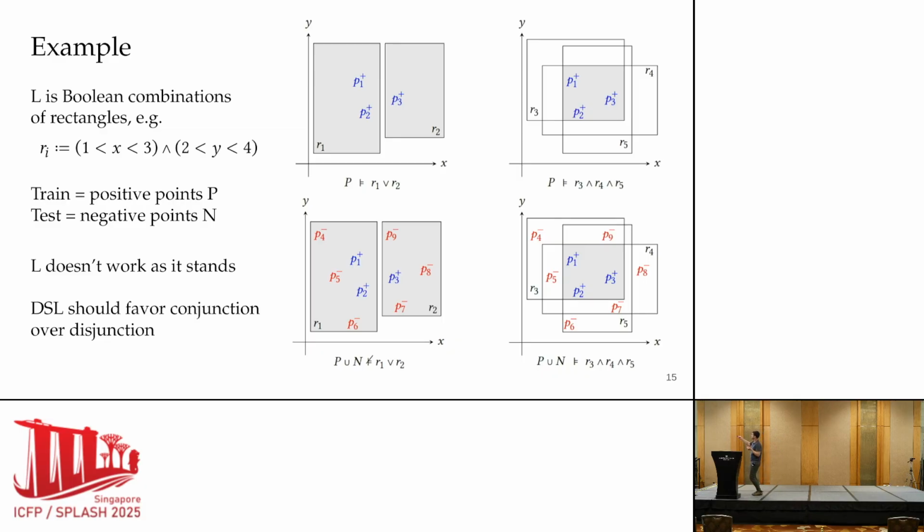And what you see here is that this language is not suitable for this learning instance because it expresses a very small disjunct, which covers the positives but doesn't exclude the negatives. Whereas a larger conjunction with 3 terms does capture the data set, but it's larger, right? So the idea is a DSL, in this particular case, should favor conjunction over disjunction.